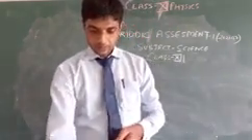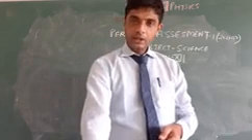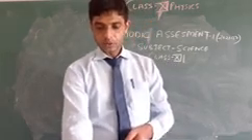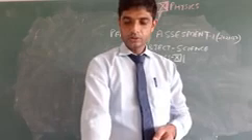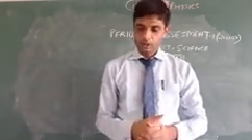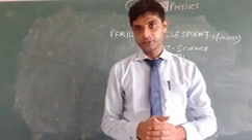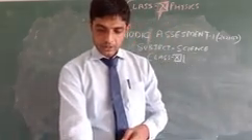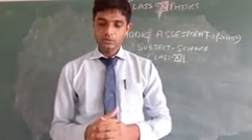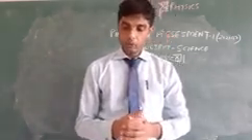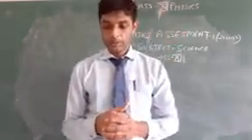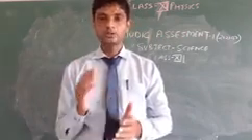Calculate the work done in taking a small charge of -2 into 10 to the power -9 coulomb from a point P, coordinates (0, 0, 3), to a point Q, (0, 4, 0) centimeter, via a point R, coordinates (0, 6, 9) centimeter.